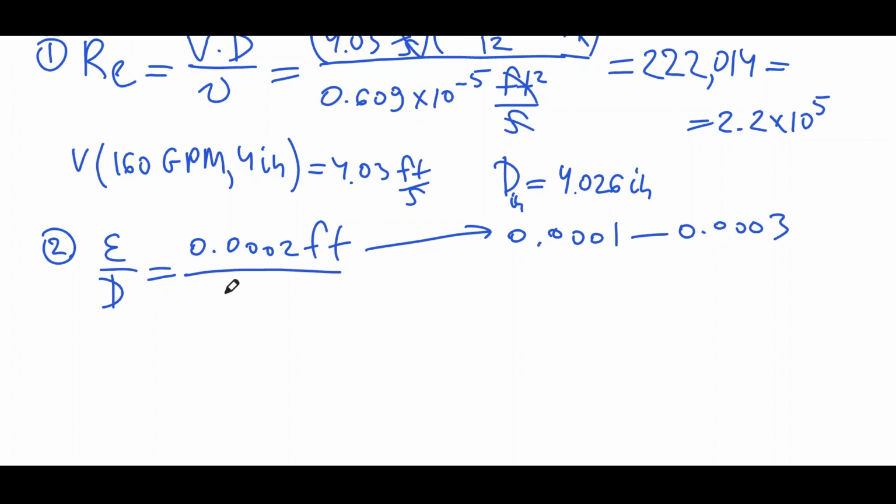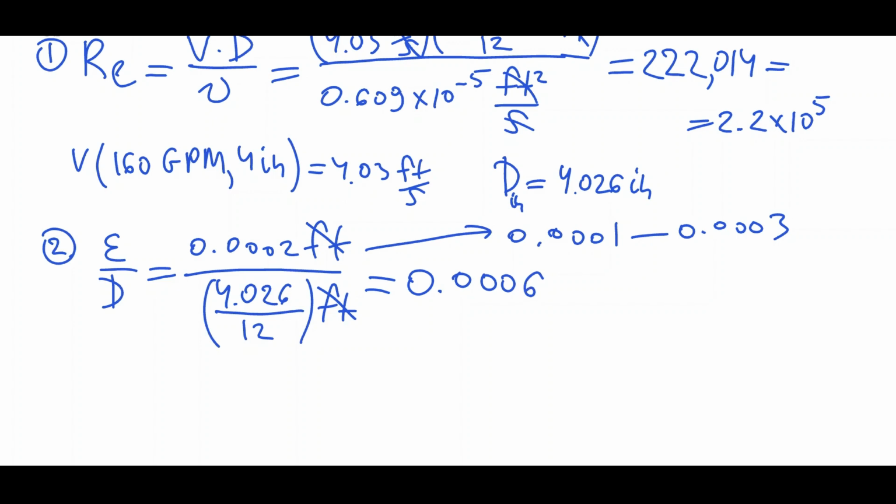Now for the diameter, we already have this value. This is 0.26 inches, but we want to keep it in feet, so we divide by 12. And this value is unitless. So this gives us a factor of 0.0006.